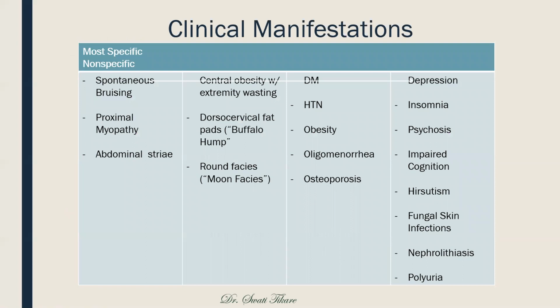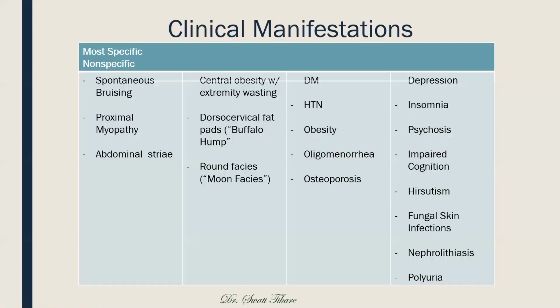So now we can see the clinical manifestations on the left panel, the most specific and most often seen manifestations in Cushing syndrome, and these are less often seen. So spontaneous bruising, because the skin has thinned down, protein has broken down.